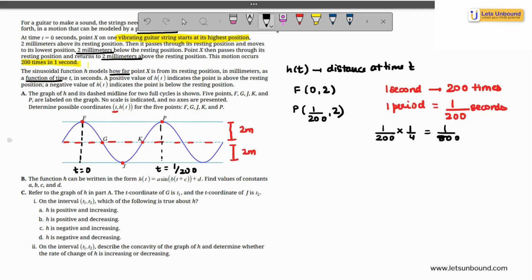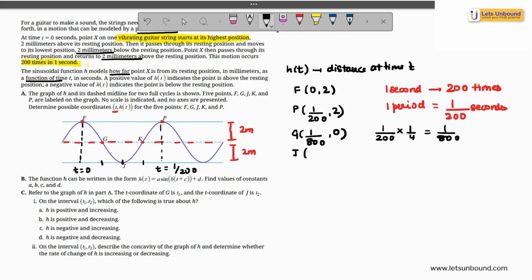So G will be 1 over 800, J will be 2 over 800, and K will be nothing but 3 over 800 with regard to its time. We knew the y coordinate already, which is the height coordinate based on plus 2 and minus 2, but we also determined the t coordinate. So G will be 1 over 800, 0 because it's at resting position.